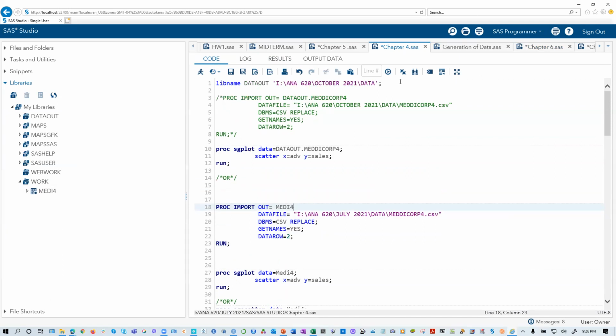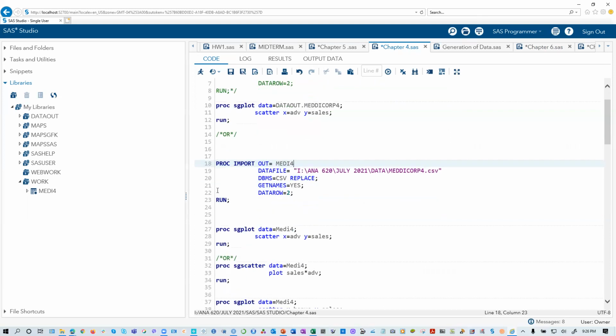This one is a different case: here I'm getting the SAS data into my data out directory. Here, you don't even need the library or the directory. You just call it and say, give me the name Medi, not Medicope. You gave it the name Medi4. We are doing this in different ways.